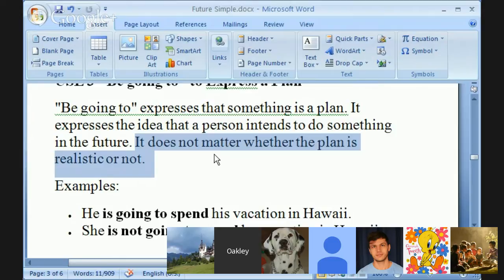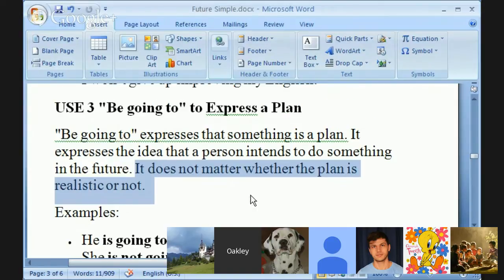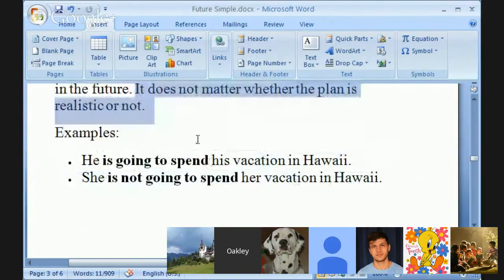I can tell you that I'm going to spend my weekend on Mars. Well, that's probably not realistic, but if I believe that's my plan, then there's nothing wrong with that sentence. I won't be teaching tomorrow because I'm going to spend my weekend with 100 beautiful virgins in the forests of Brazil. Well, not really.